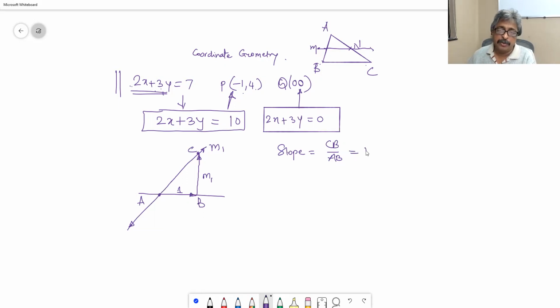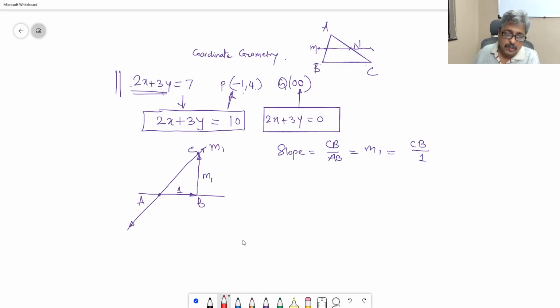It is given to be equal to m1 and AB is given to be equal to 1. Therefore, CB is equal to m1. Is it easy? Good. Nobody is saying anything, but I am assuming that this is easy.